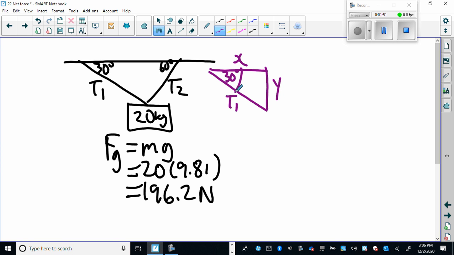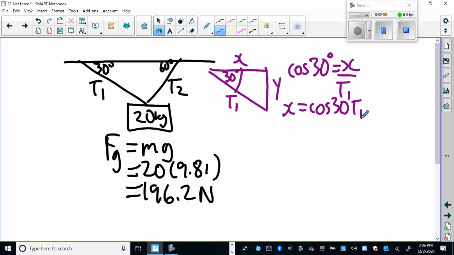We can say that the cosine of 30 equals x over T1, and therefore x equals the cosine 30 times T1. And as we progress through the question, you'll see why it was important for us to solve for x in that case.